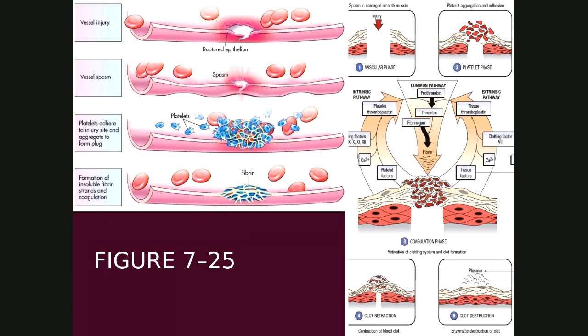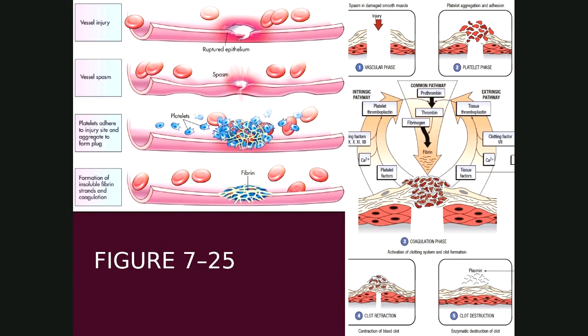Then we have the clot retraction. This occurs when the bleeding is stopped and the entire clot retracts to heal torn edges by bringing them closer together. And then we have clot destruction, or fibrinolysis, when the final repair and regeneration of the injured vessel occurs. The clot slowly begins to break up, dissolve, and other cells carry out further repair.